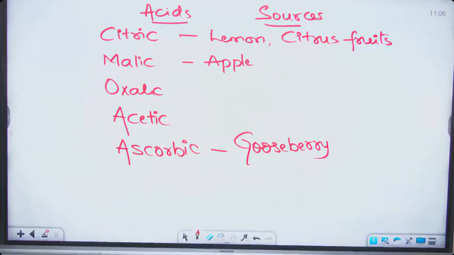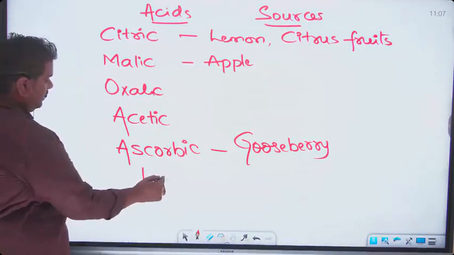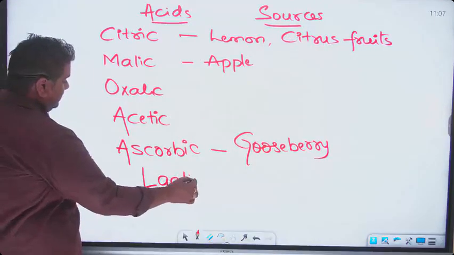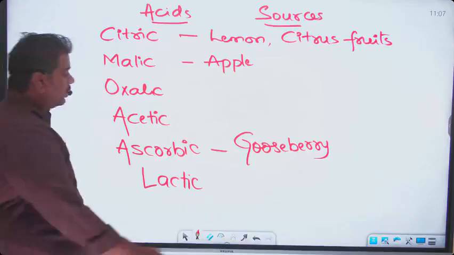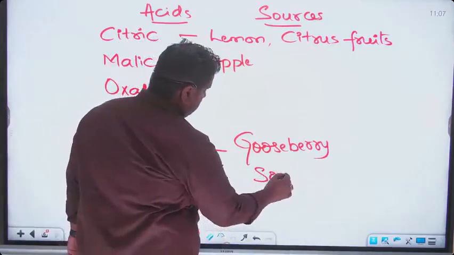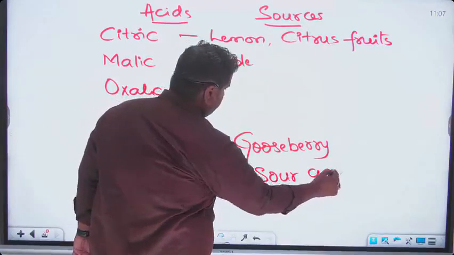Then after that, lactic acid, milk, and sour curd.